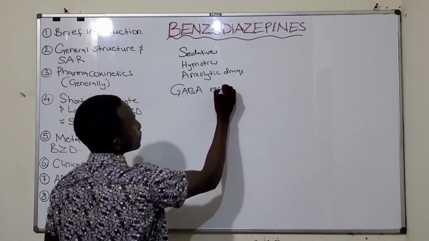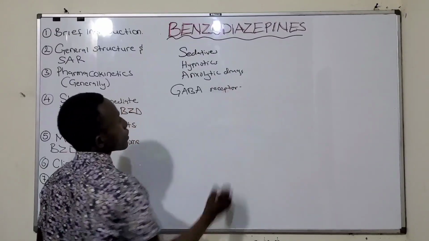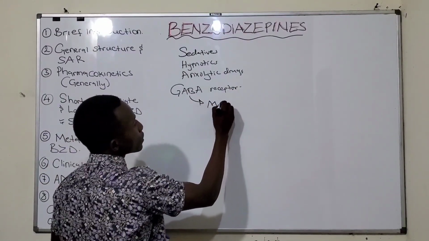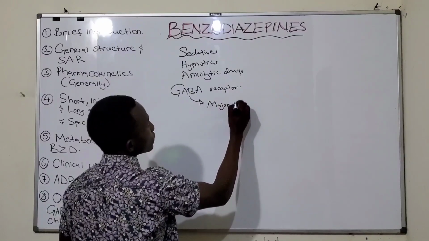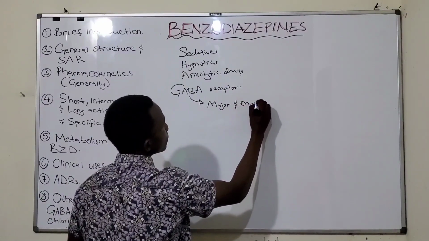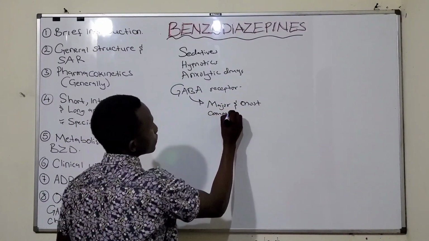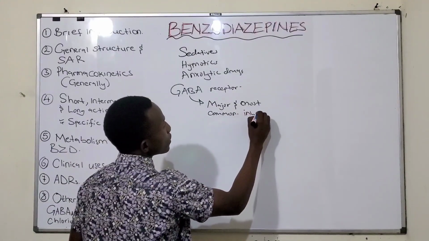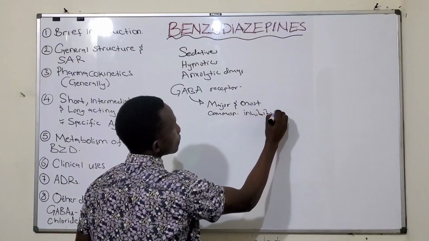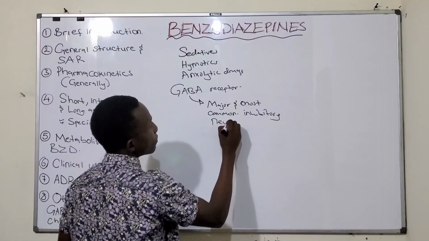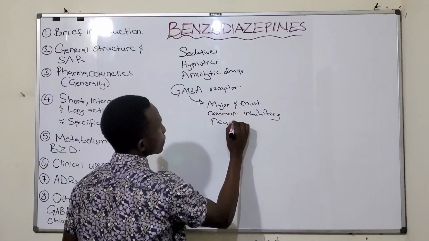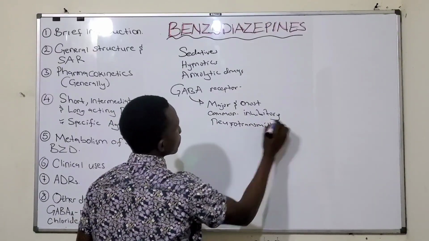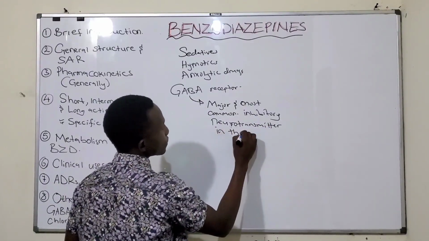GABA is the major and most common inhibitory neurotransmitter in the brain.